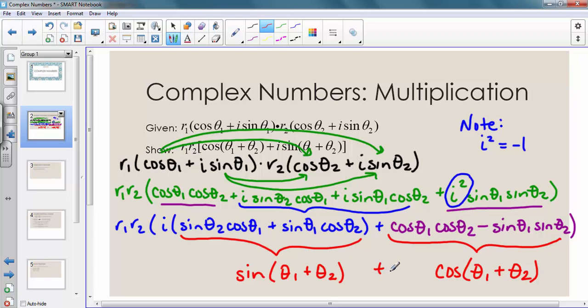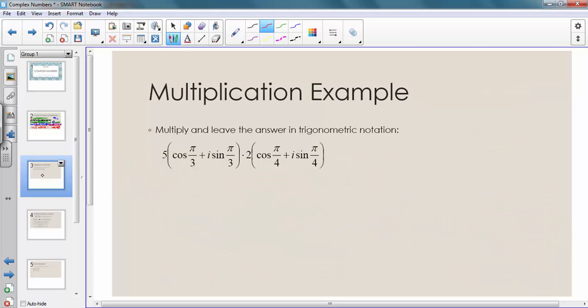I have my addition sign here, I have my i out in front here, and then that whole thing was multiplied by r1 r2. All right, so now that we've proved the multiplication formula, we can use that for our first example.